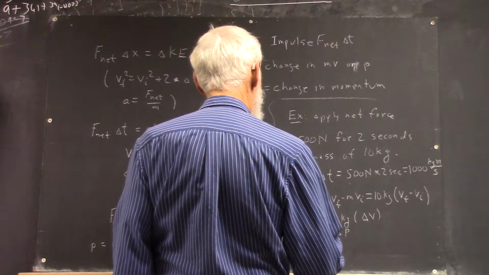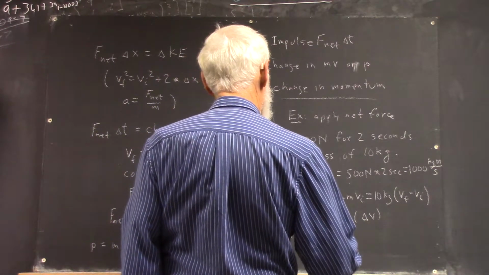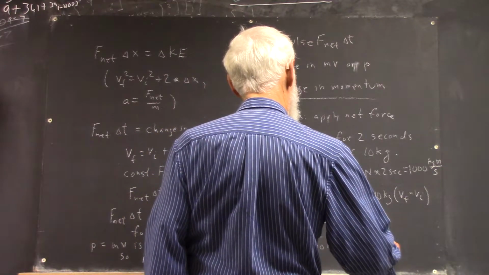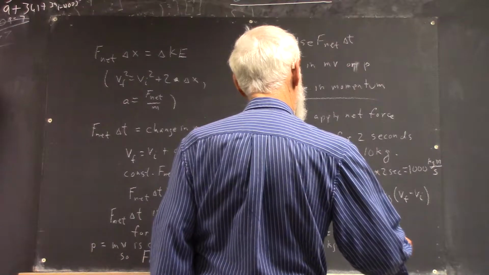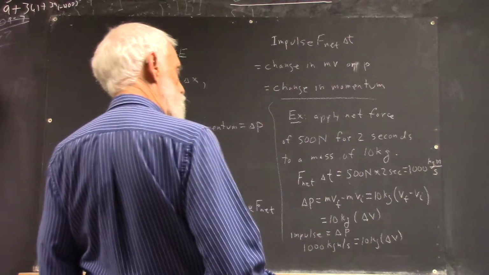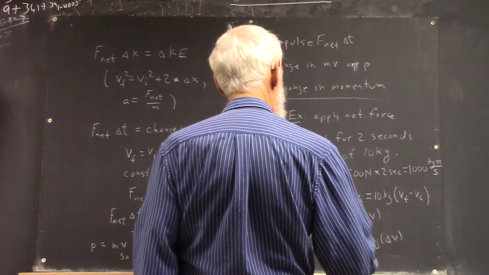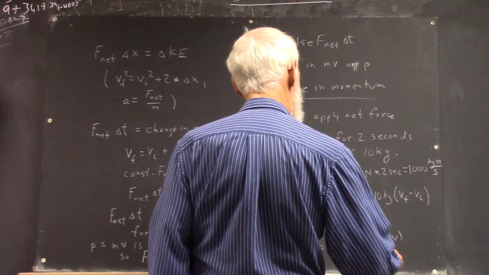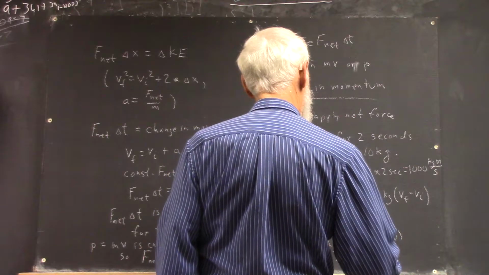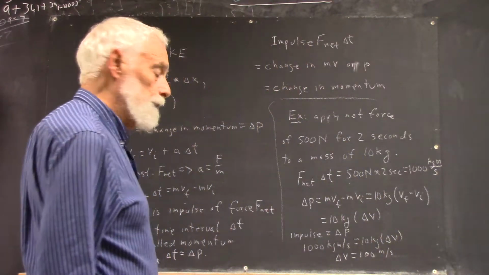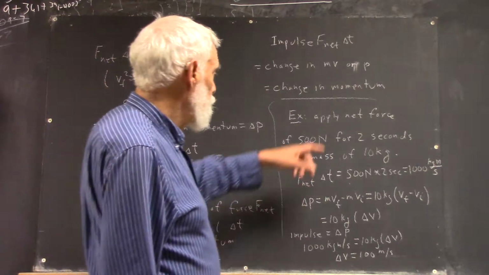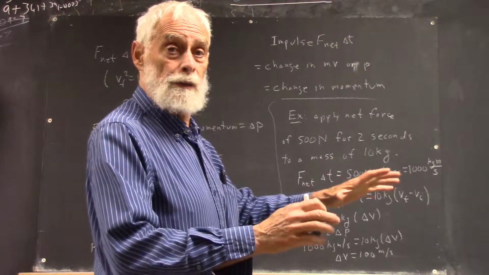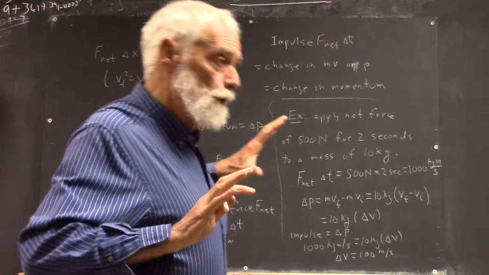So our 1,000 kilogram meters per second equals 10 kilograms times delta v. And delta v then, very obviously, equals 100 meters per second.